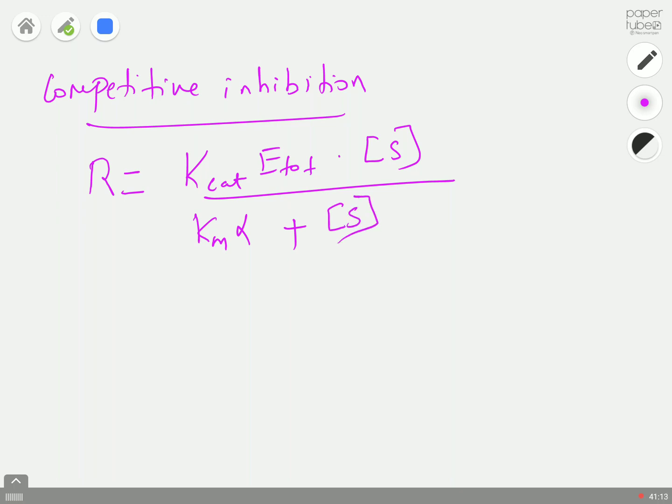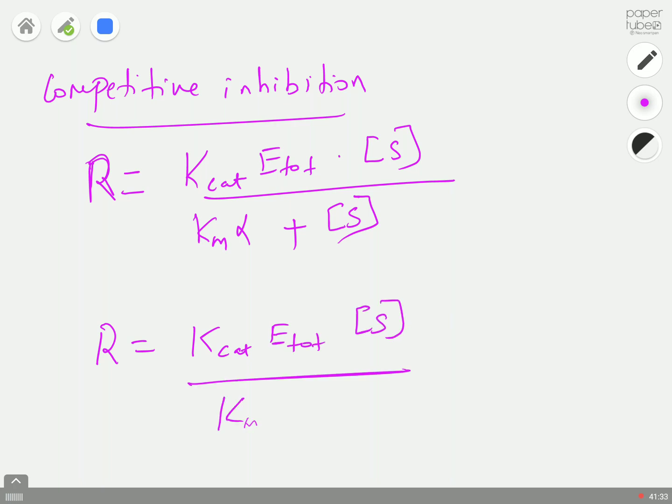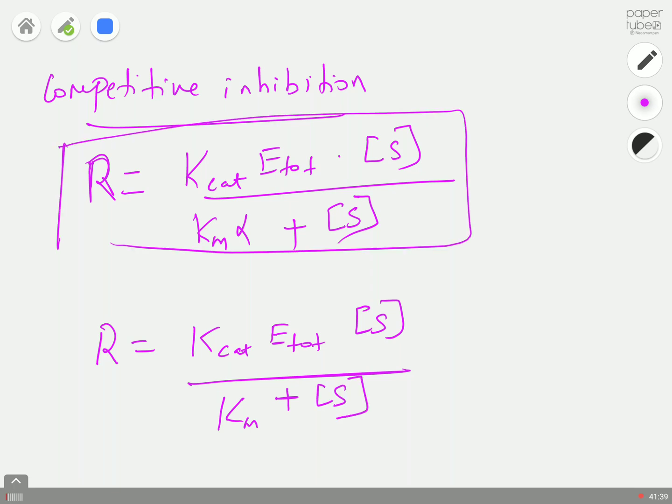And if you write the Michaelis-Menten expression, which does not involve any inhibitor, so which is a pure enzymatic reaction, we know the rate expression is given by K catalyst E total multiplied by substrate concentration divided by Km plus your substrate concentration. So I'm going to give some number for this expression. Let's give equation 10, and this is your Michaelis-Menten expression.